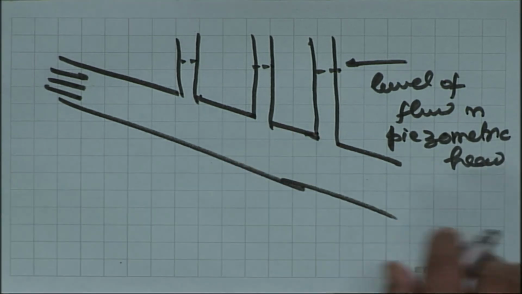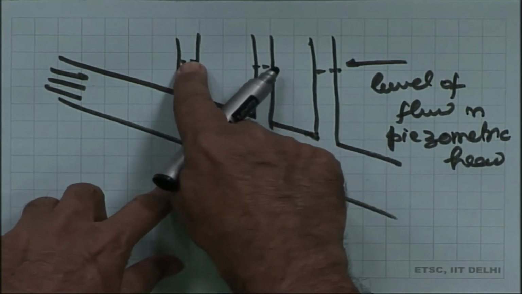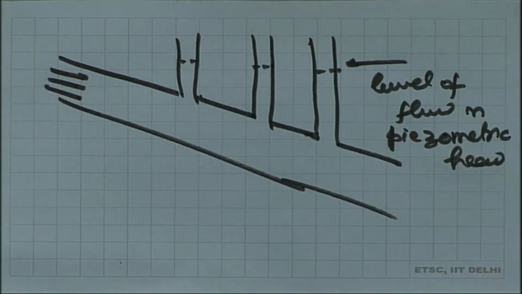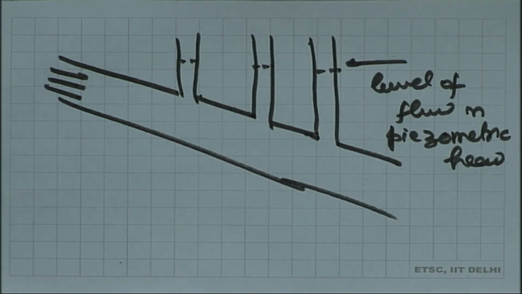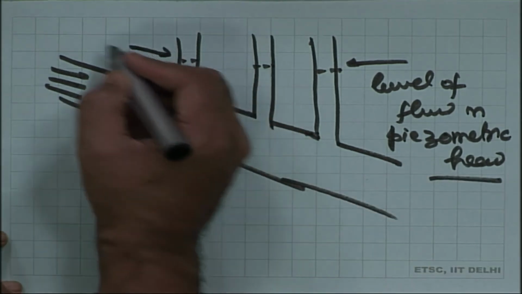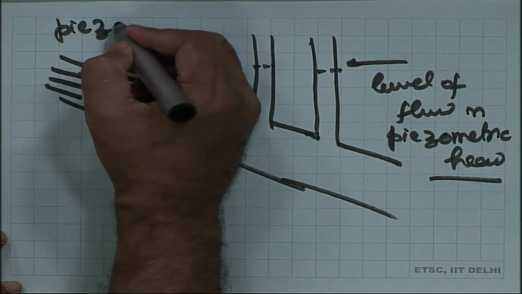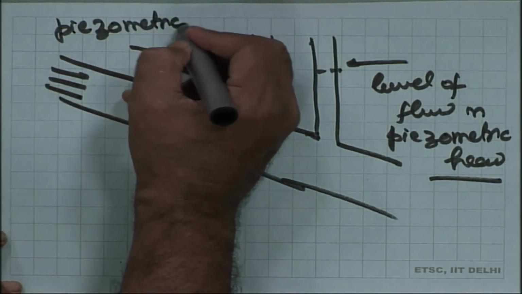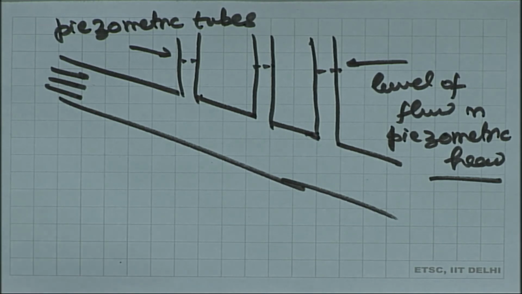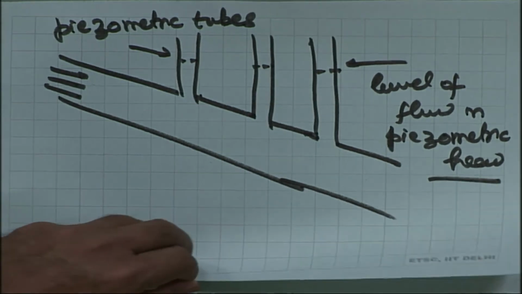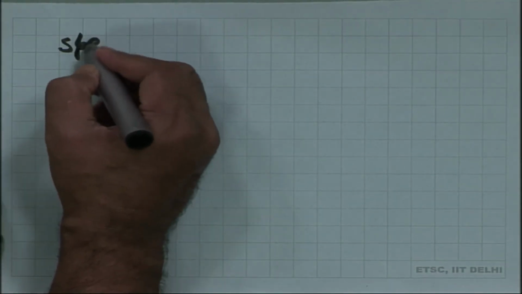If we measure the height of fluid here with respect to a common datum, then this height will be due to the pressure head and the elevation head. These tubes are also called piezometric tubes. So, these are just some nomenclature.